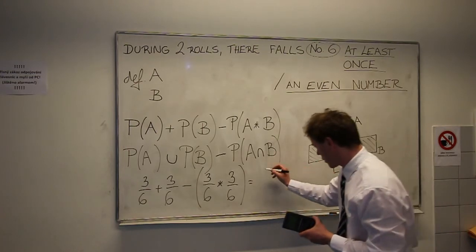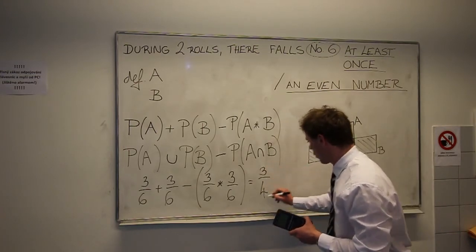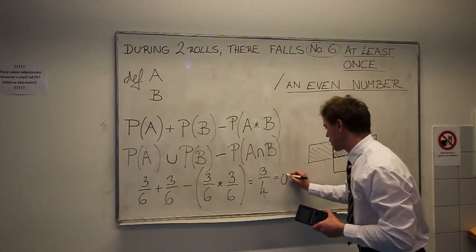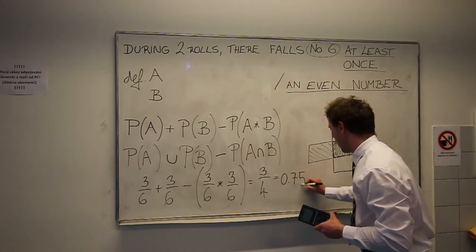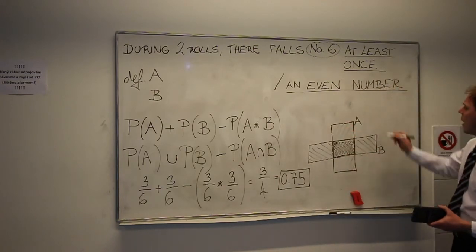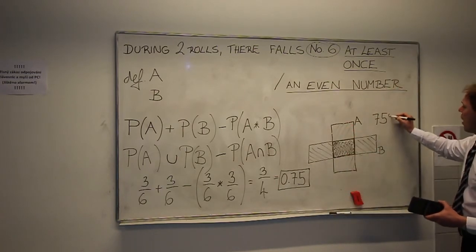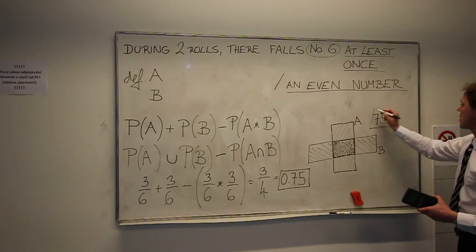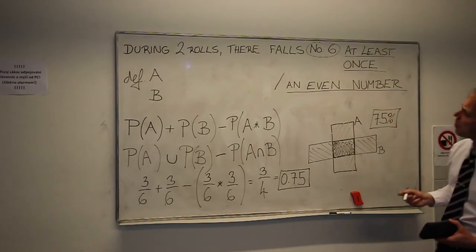Result 3/4. 3/4 are equal to 0.75. And this can be presented like 75%. 75% is this probability.